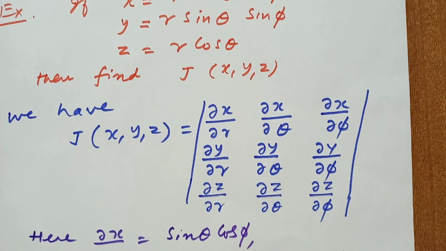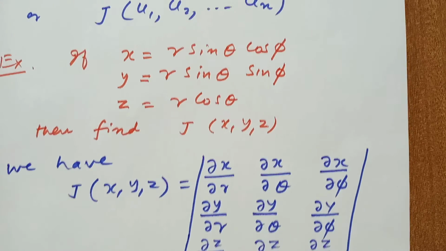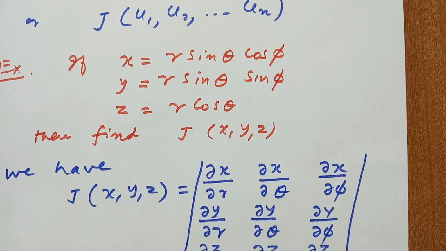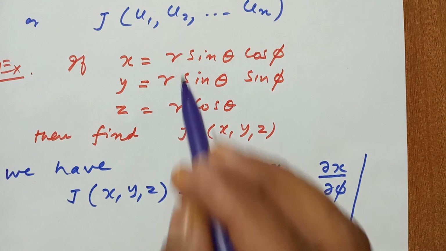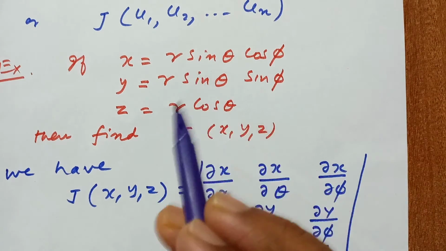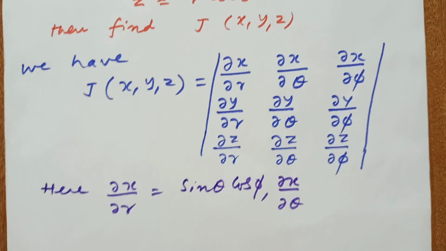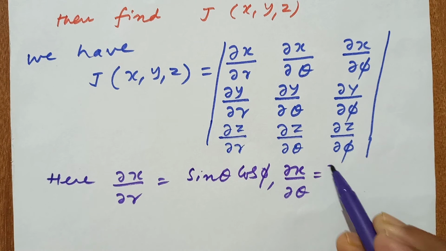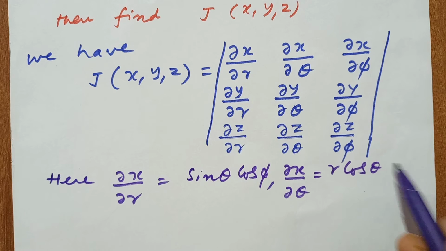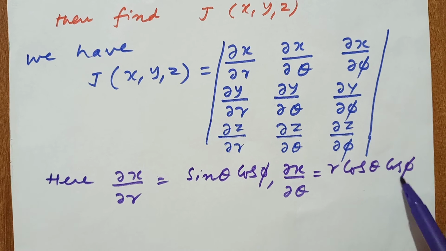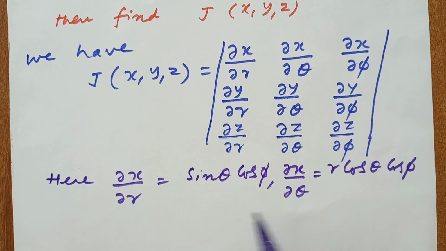Del x upon del theta. So here partial differentiation with respect to theta, so r and phi are constant. So here it is r cos theta cos phi, and similarly del x upon del phi.